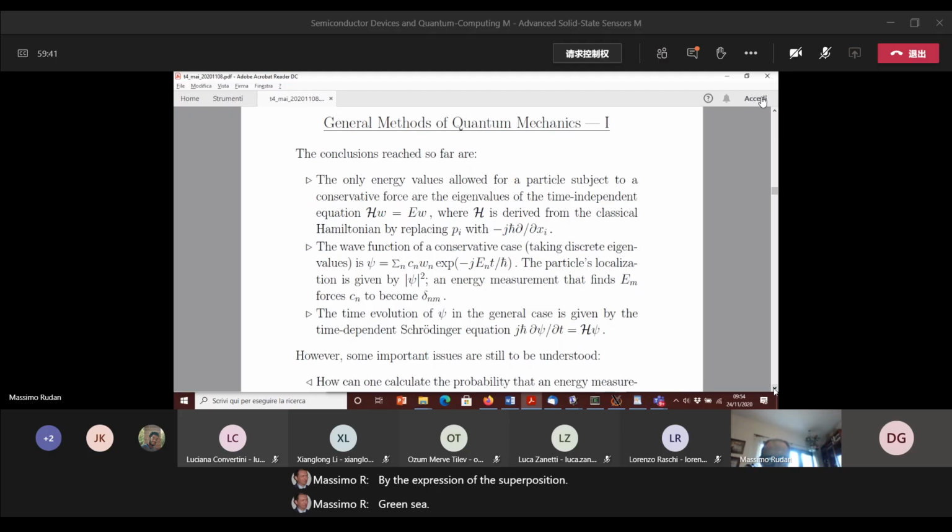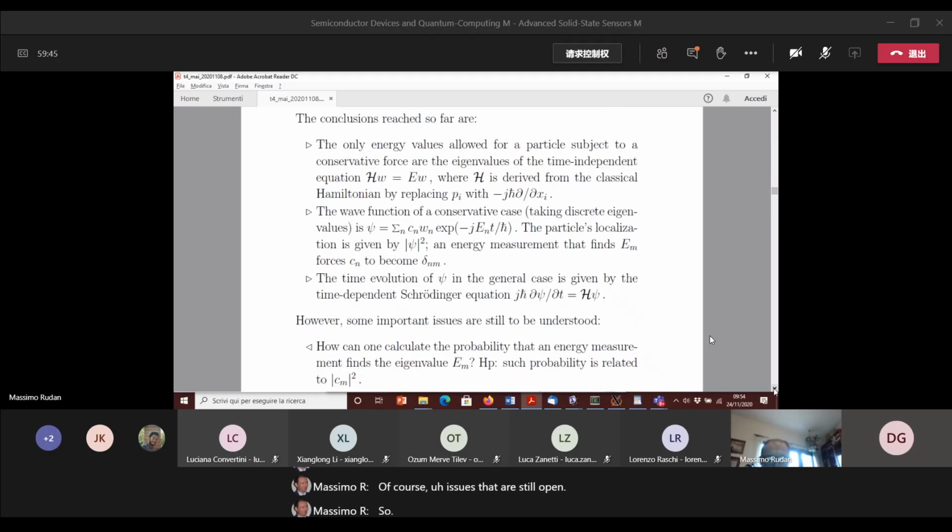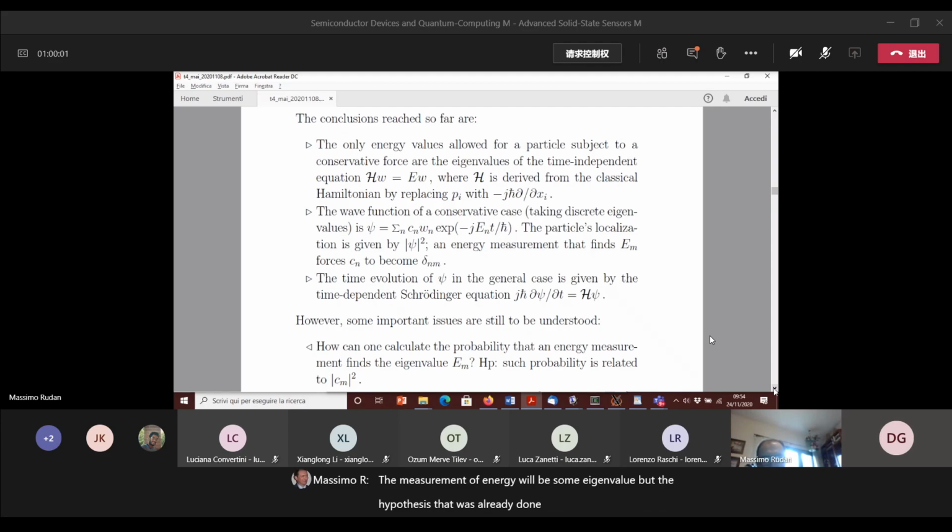Of course, there are issues that are still open. So, how can we calculate the probability, when we measure energy, that the measurement of energy will be some eigenvalue? But the hypothesis that was already made, you remember, was to associate this probability to the square modulus of the coefficient.